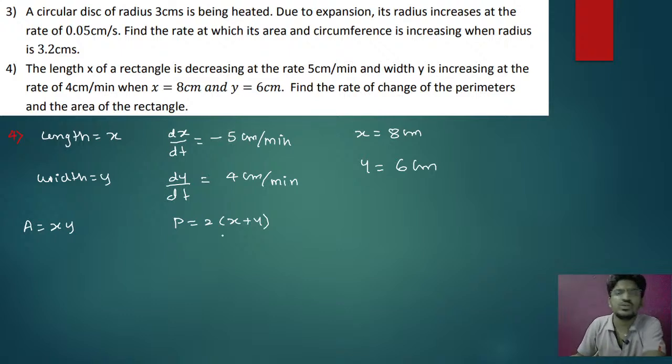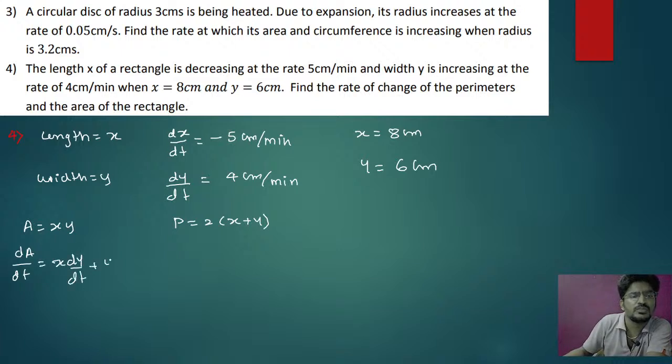Clear? So now you can calculate the rate of change of area as well as rate of change of perimeter. So rate of change of area is equal to x into dy by dt plus y into dx by dt. So all the terms are given.